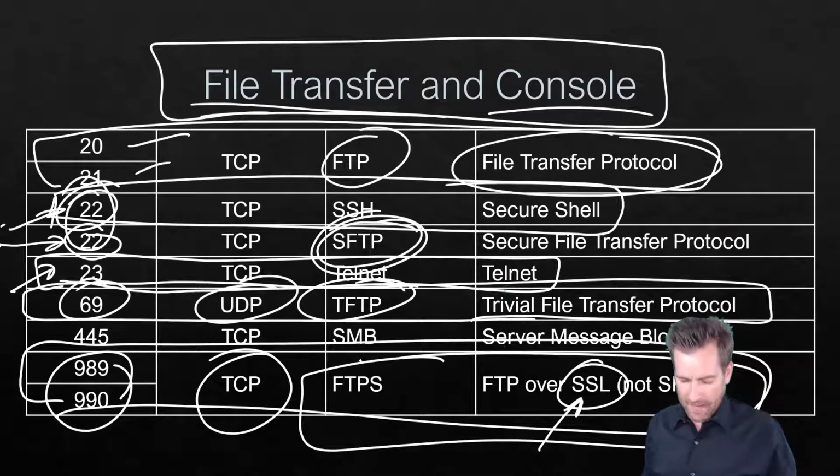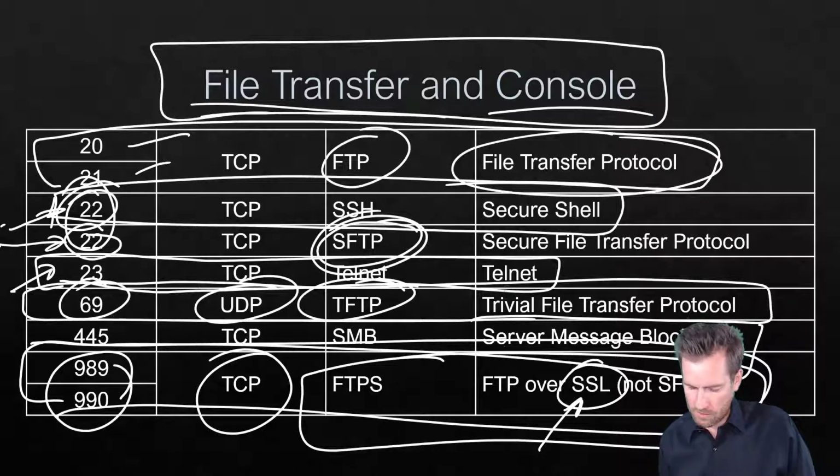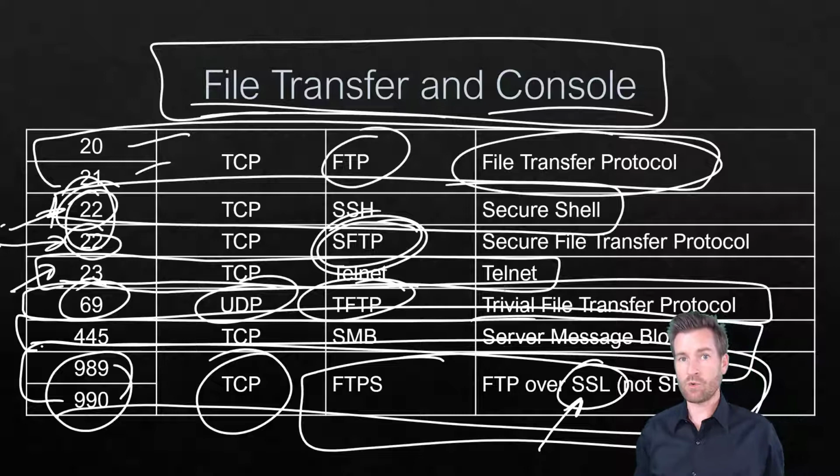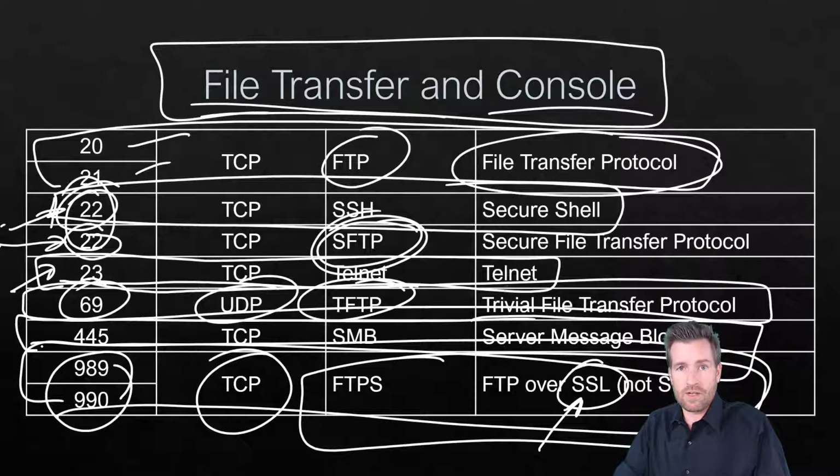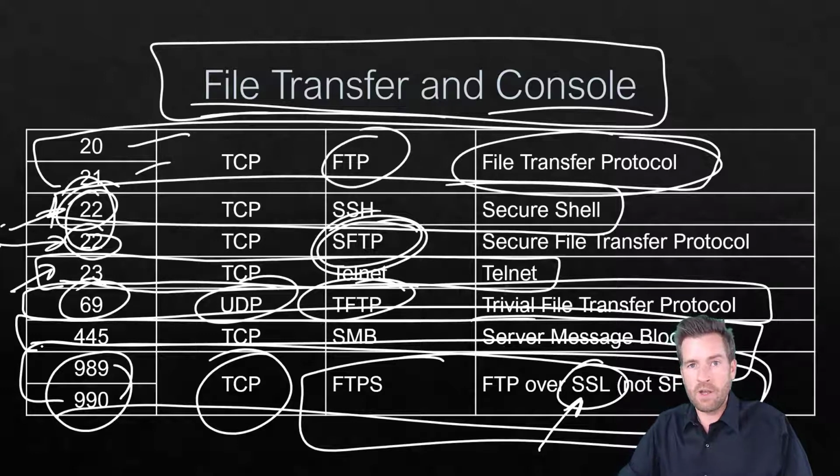Then we have SMB, or Server Message Block. Server Message Block can do quite a few different things. I've chosen to put it in this file transfer area, but it can do more than just file transfers. SMB is commonly associated with Windows. It's what we use to transfer files using Windows systems.